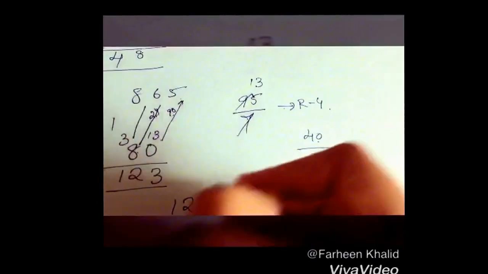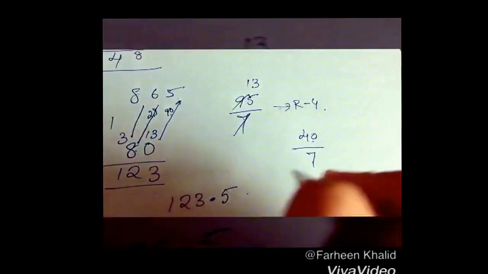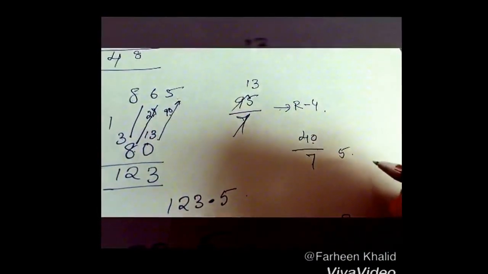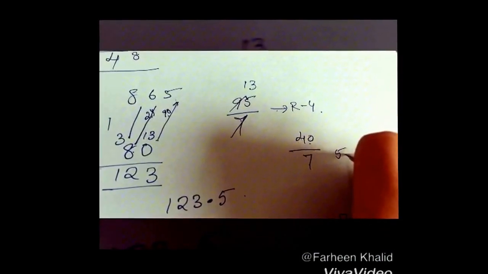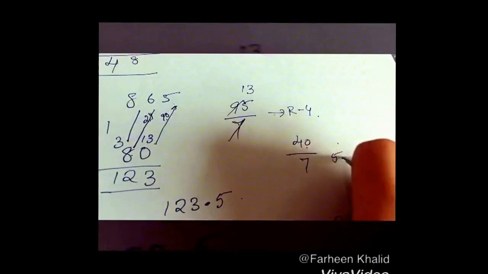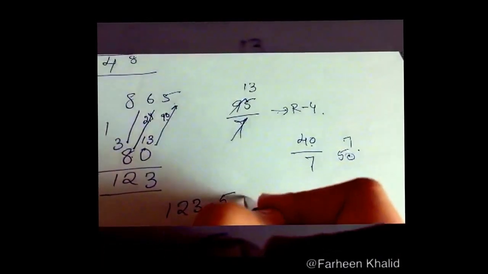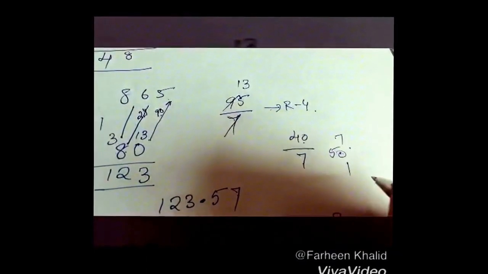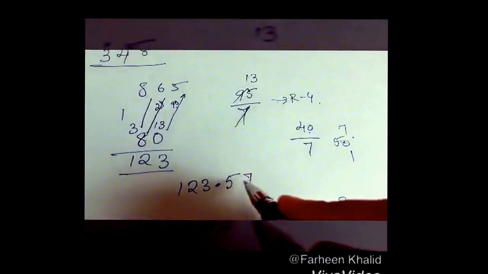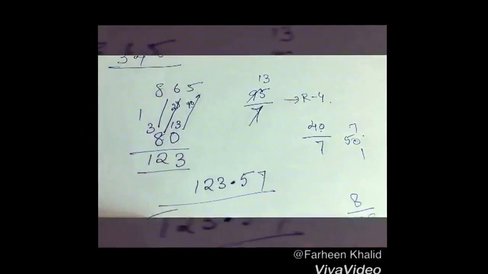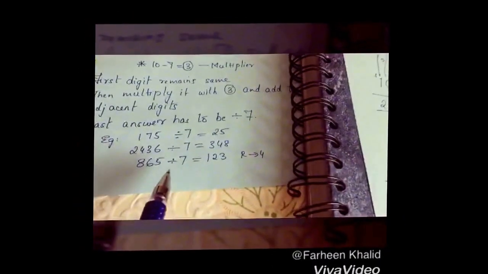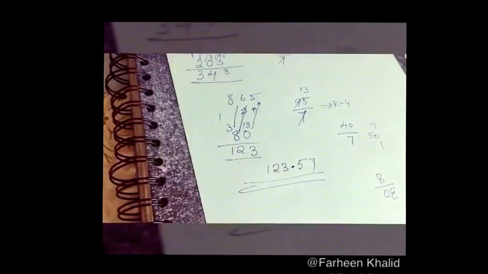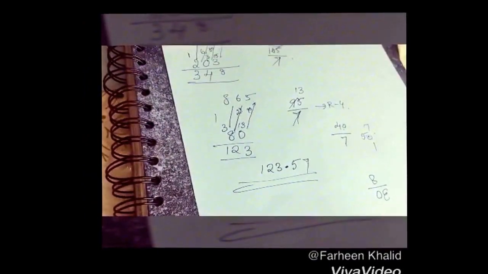All right, so you put a 5 here, it makes it 35, but again you have a remainder of 5. 7 times 7 is 49. So you put the 7 here, again you have a remainder of 1, and you can keep going on as far as you want to. So your answer is finally going to be 123, and after that you can go on till whichever decimal point you want to go to.